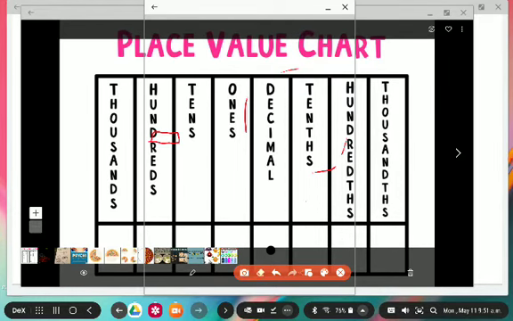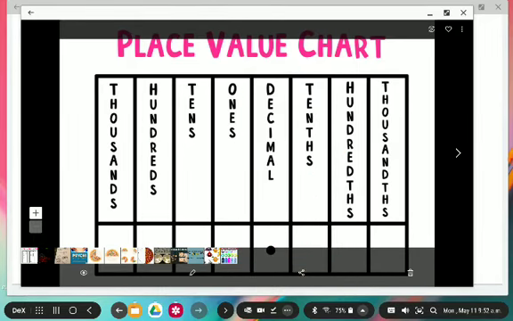We've got 0 because we don't have a full dollar in our amount. We've got our decimal point just right over here. We have a 2 in our 10th section and a 4 in our 100th section. So 0.24.